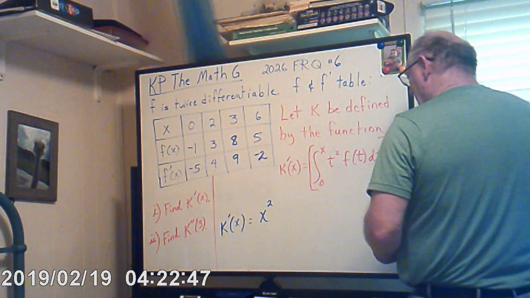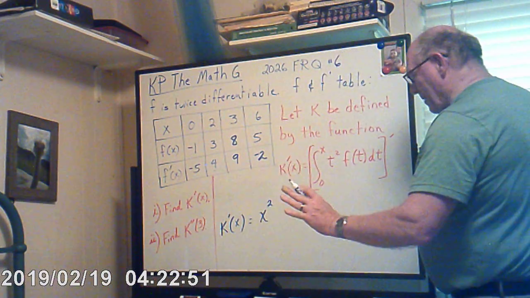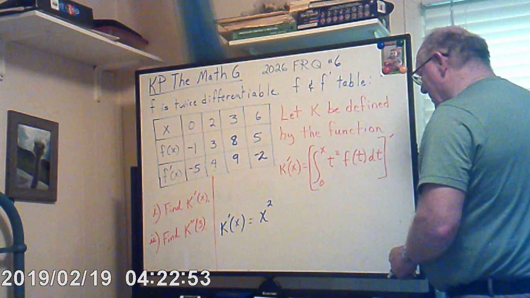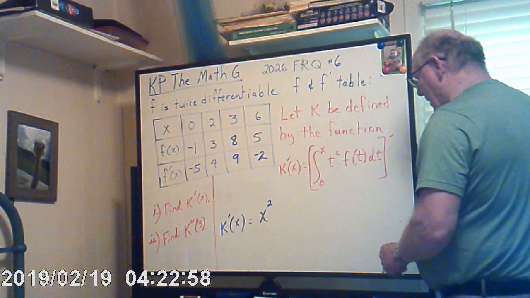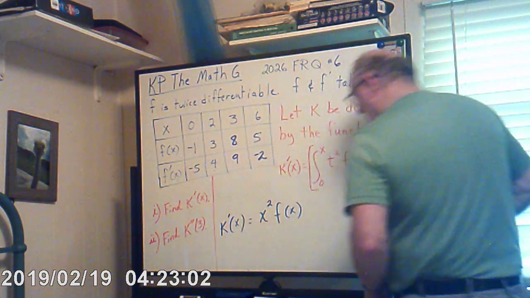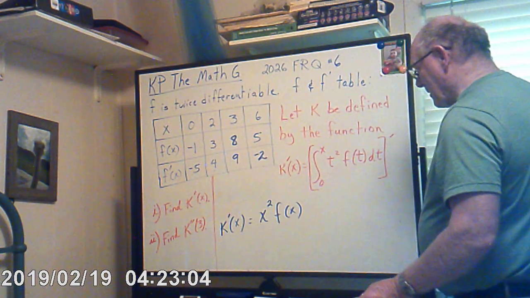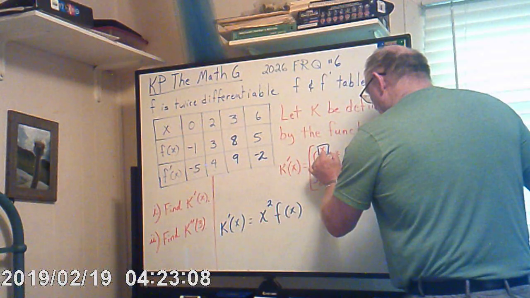And then of course the 0, we don't deal with that one. So it's just x squared and f at x as is. That's it. And you just plug the x into here and here.